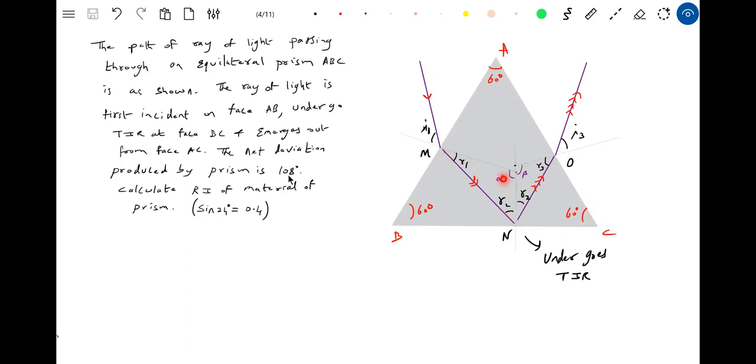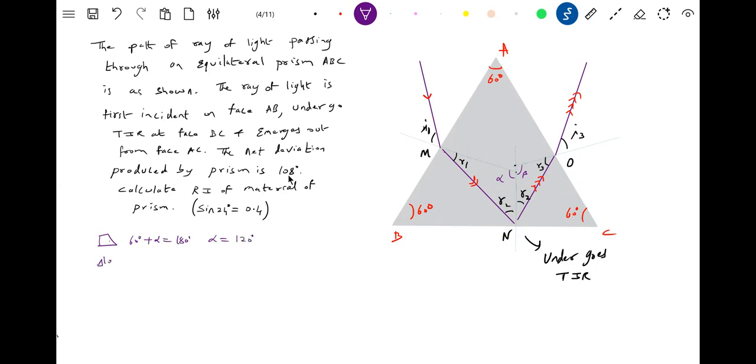In a cyclic quadrilateral, the sum of opposite angles should be 180. So 60 degrees plus alpha equals 180. So alpha is equal to how much? 120 degrees.